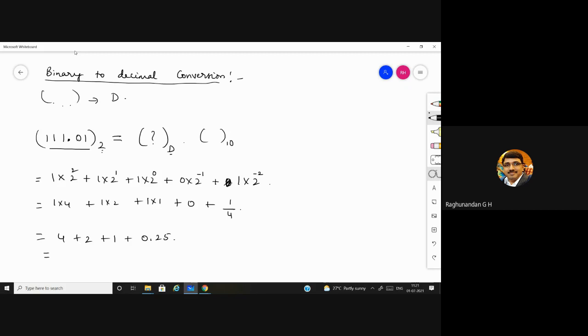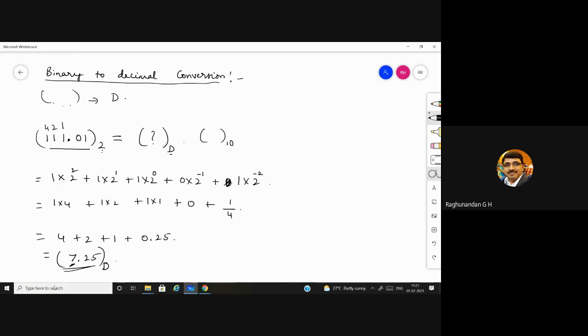So it is 7.25. So 7.25 is the equivalent answer of this. So it is in the decimal. To just cross verify, 7 is there. Here the 4 2 1 code can be used. 1 plus 4 plus 2, 2 plus 1. All are high, so it will be 7.